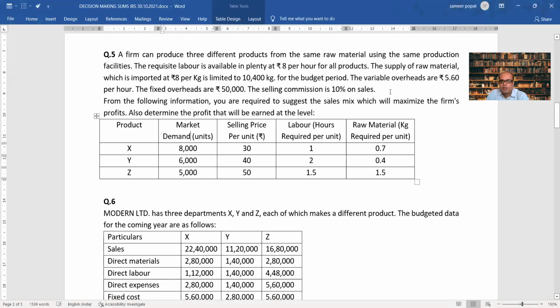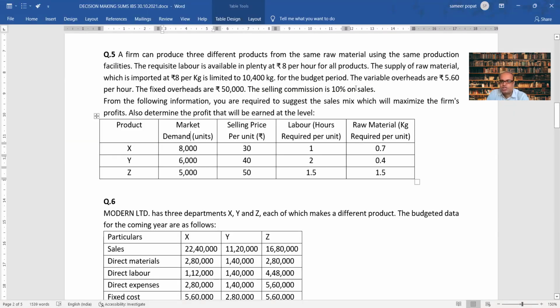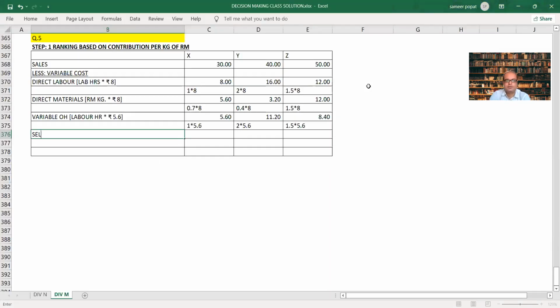Now, next one is fixed overhead of 50,000. So that will not be considered to calculate contribution. Okay, so ignore it. Selling commission is 10% on sales. So that is another variable cost. It is 10% on sales.